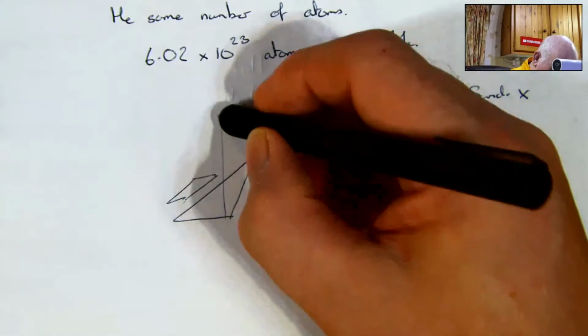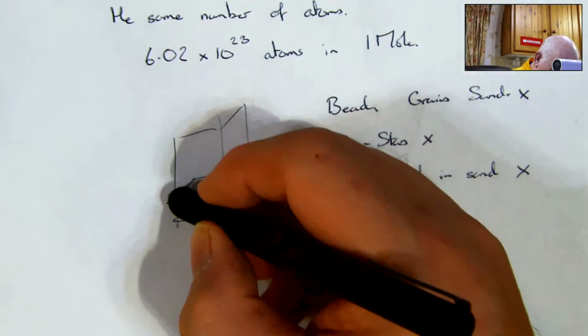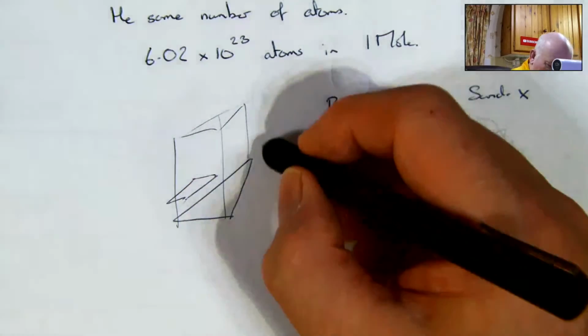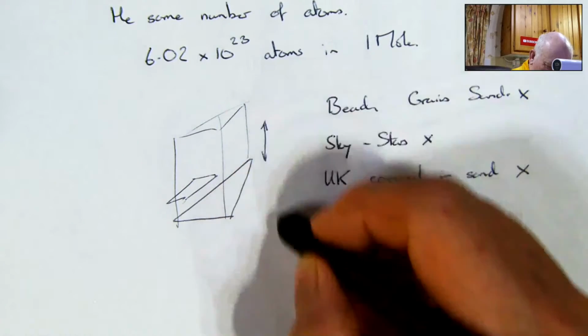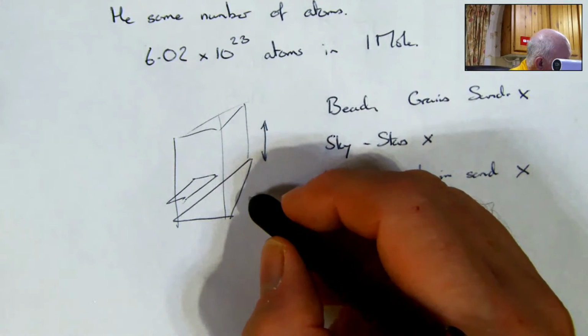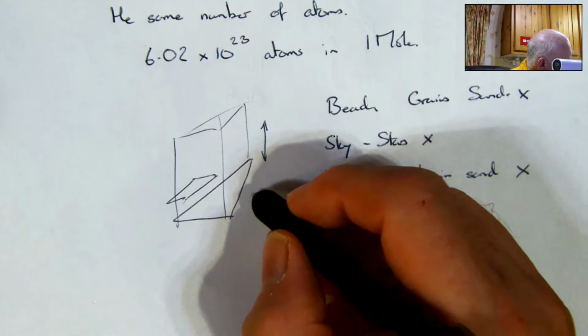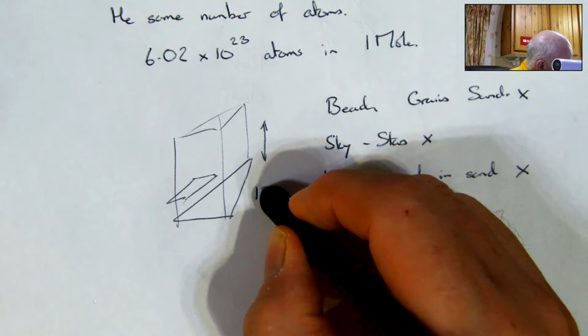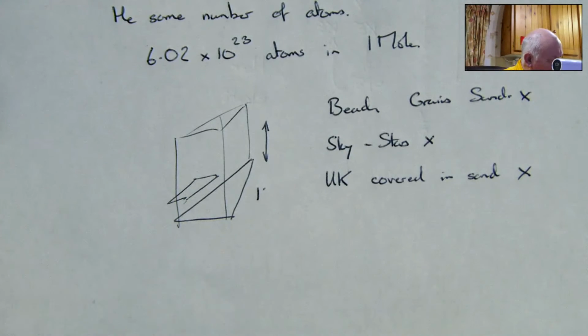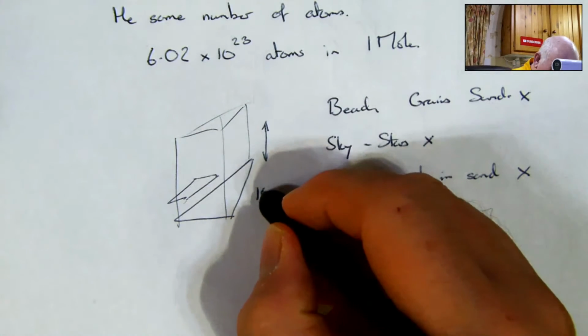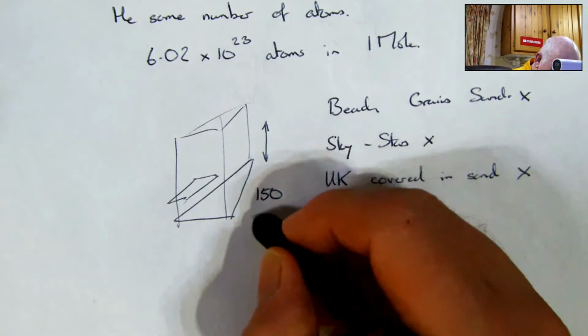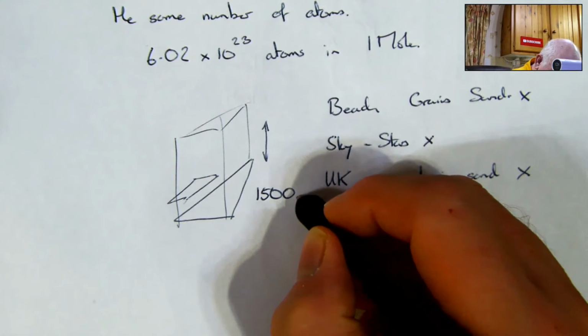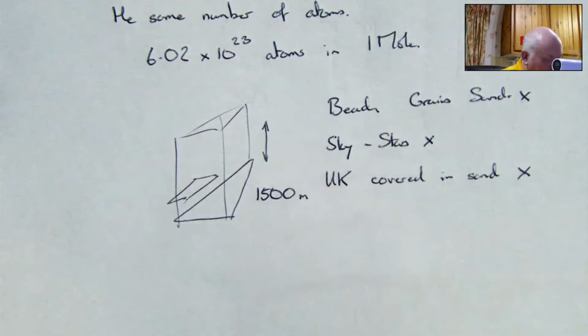Now, what we've got to do is pile the sand up about, I've forgotten the number now. That's terrible, isn't it? 150 kilometers, 1,500 meters. It's an enormous number.